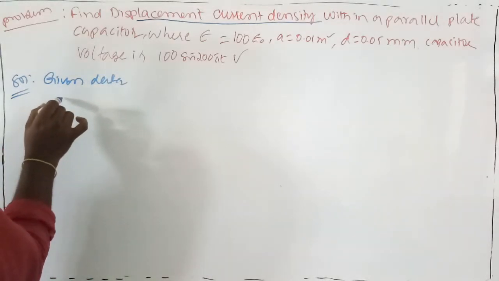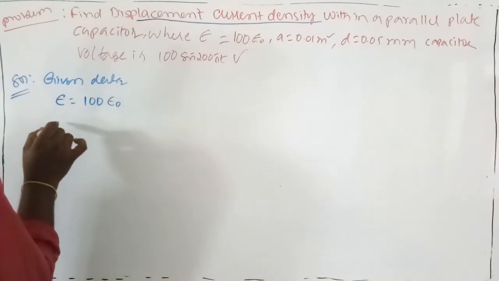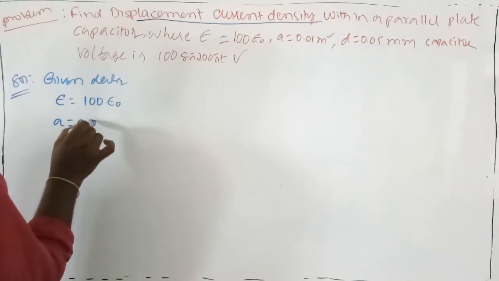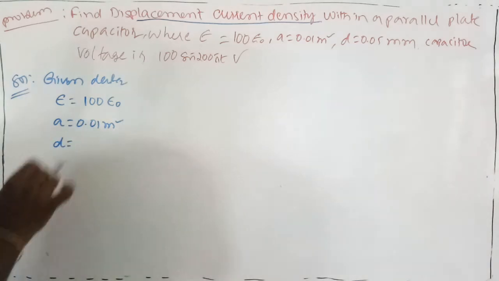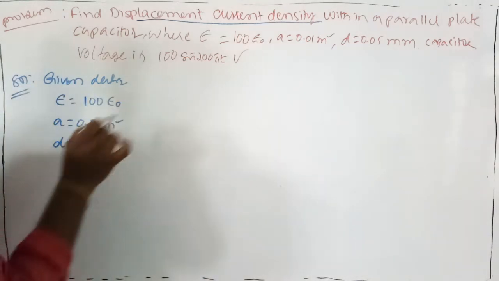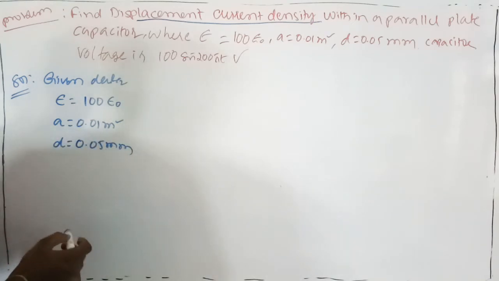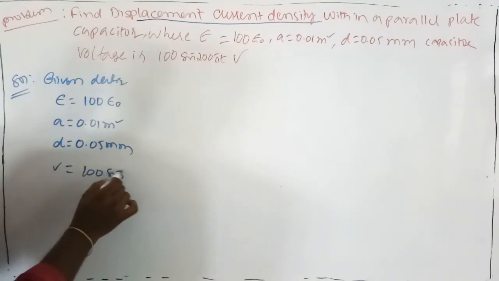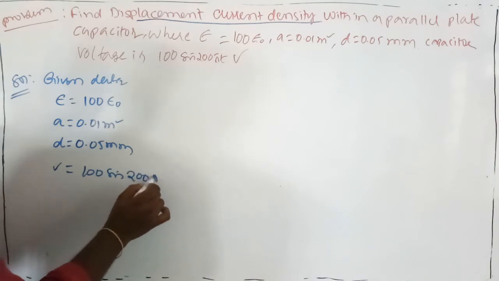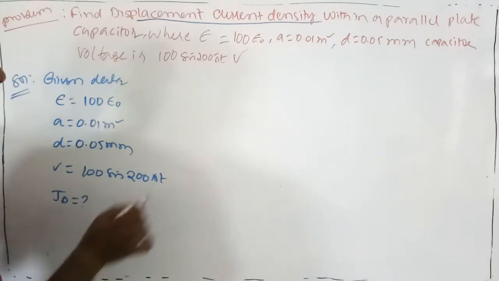The permittivity epsilon is equal to 100 epsilon naught, the area of cross section is 0.01 meter square, and d is the distance of separation of plates, not diameter, that is 0.05 mm. Okay. Now, what is the voltage across the capacitor plates? It is 100 sin 200 pi t, and the question is to calculate J_d, the displacement current density.